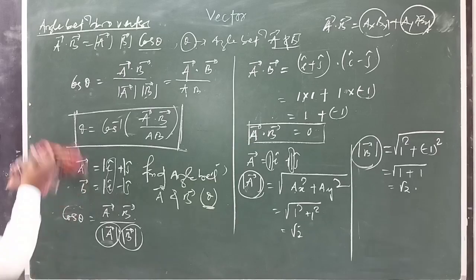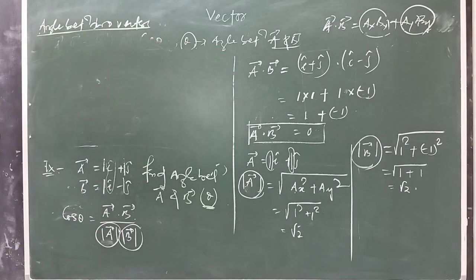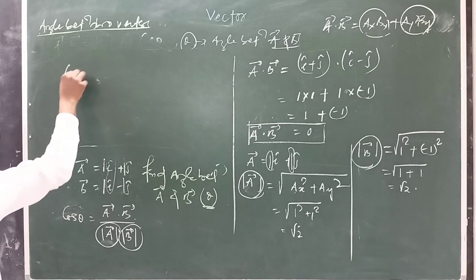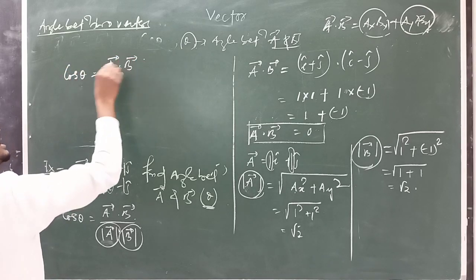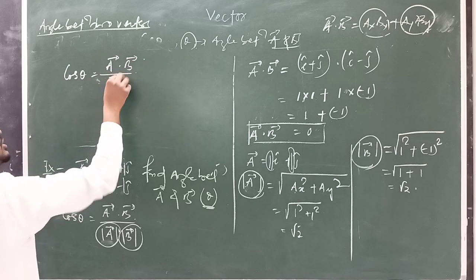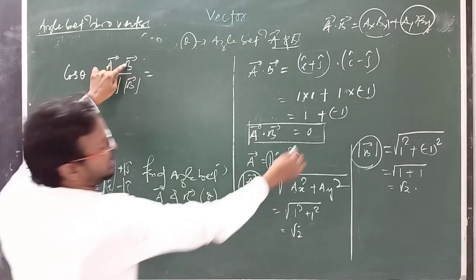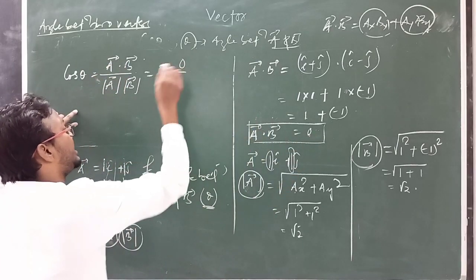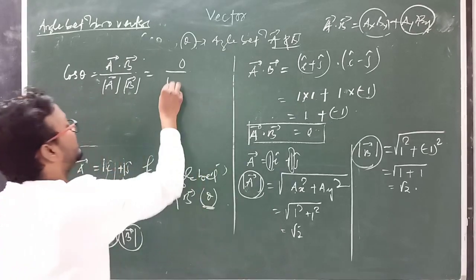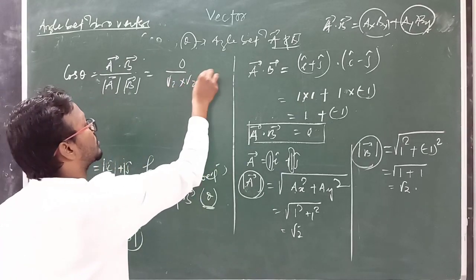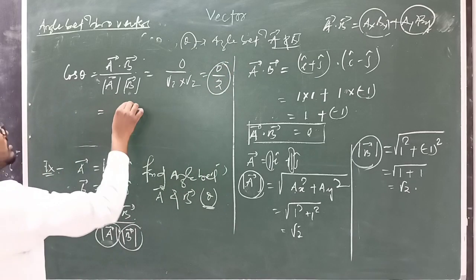Now use this relation to find the angle between two vectors. This formula: cos theta equals a vector dot b vector divided by magnitude of a and magnitude of b. But a dot b is 0 here. So 0 divided by magnitude of a, which is root 2, into root 2, that is 0 by 2, equal to 0.